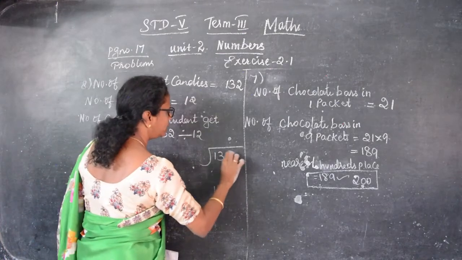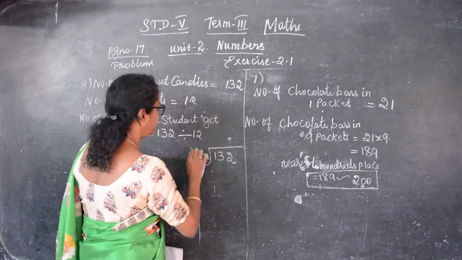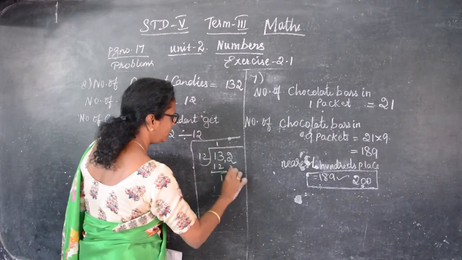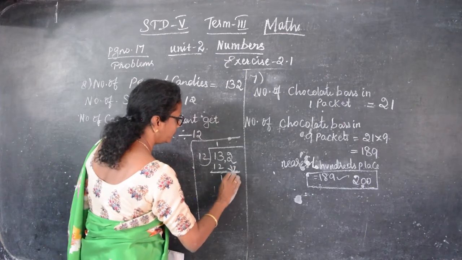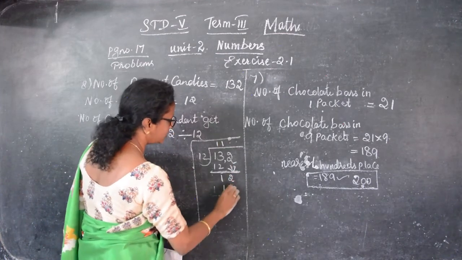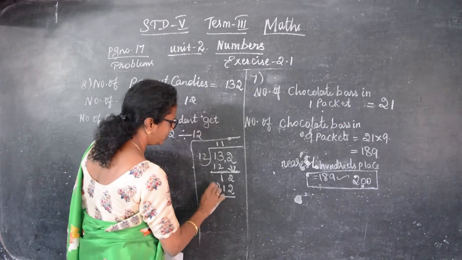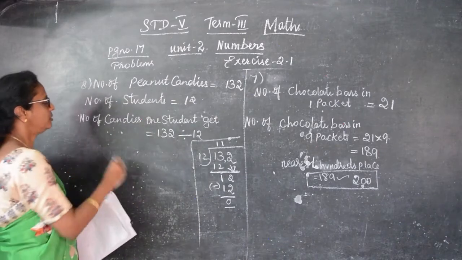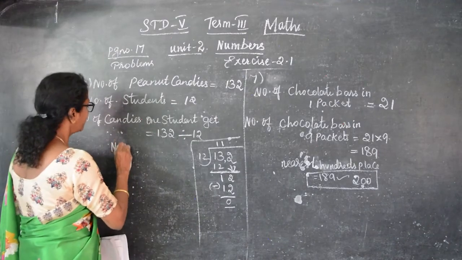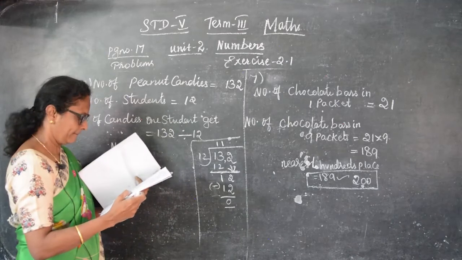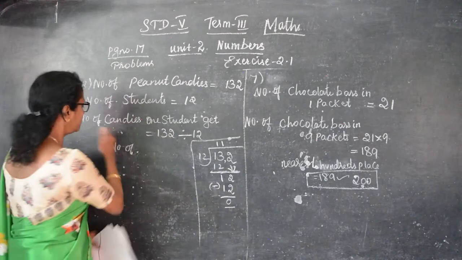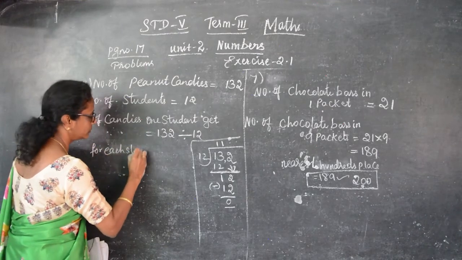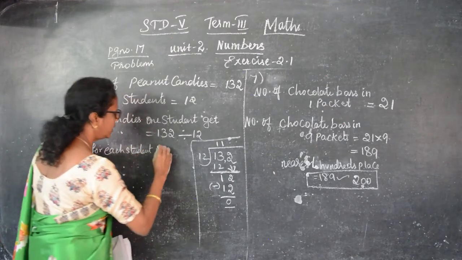So 132 by 12, put it like a rough column and divide. 12 ones are 12. 3 minus 2 is 1 and 12 ones are 12. So 12 minus 12 is 0. So how many did they get? For each student, they will get how many candies? 11 candies.